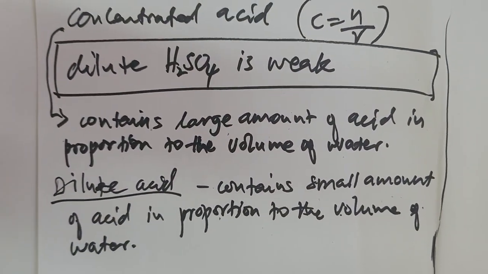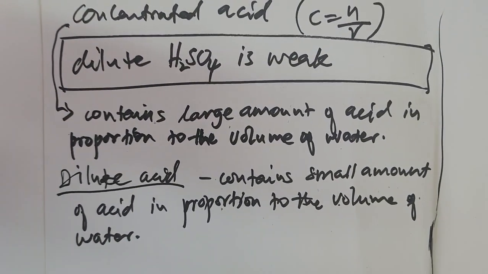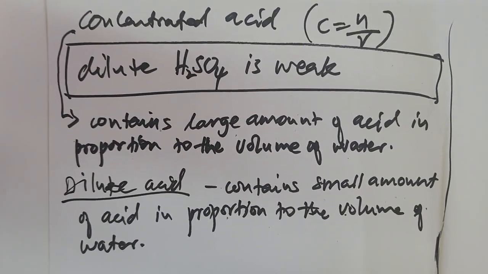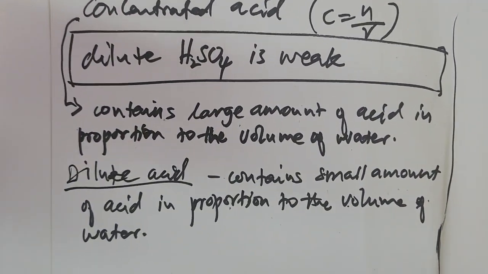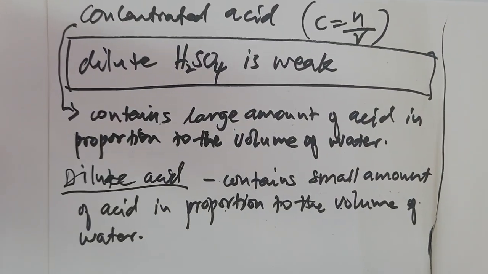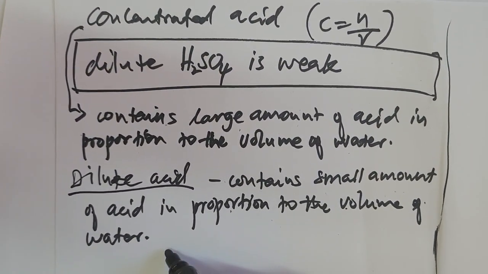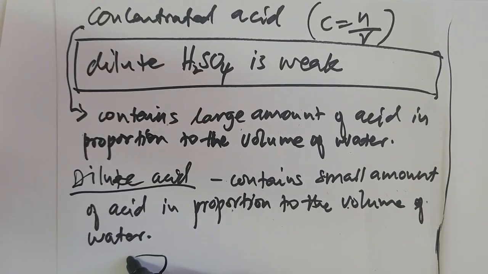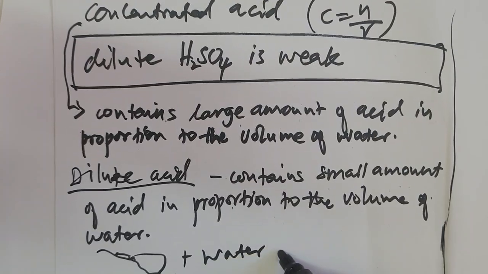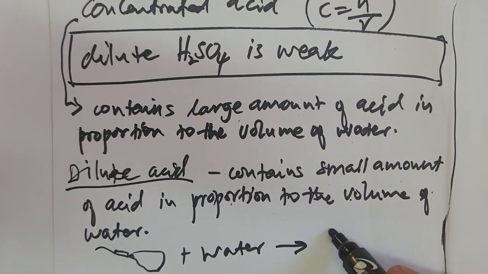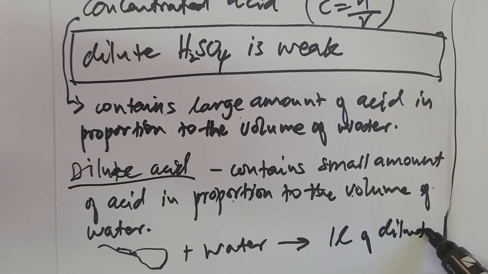Therefore, when we are diluting the acid, we are not tampering with the strength of the acid. Sulfuric acid is naturally strong, whether dilute or concentrated. The concentrated sulfuric acid just has a higher concentration, and the dilute just has a low concentration. If I have a teaspoon of sulfuric acid, I add it to water and form maybe 1 liter of dilute acid.